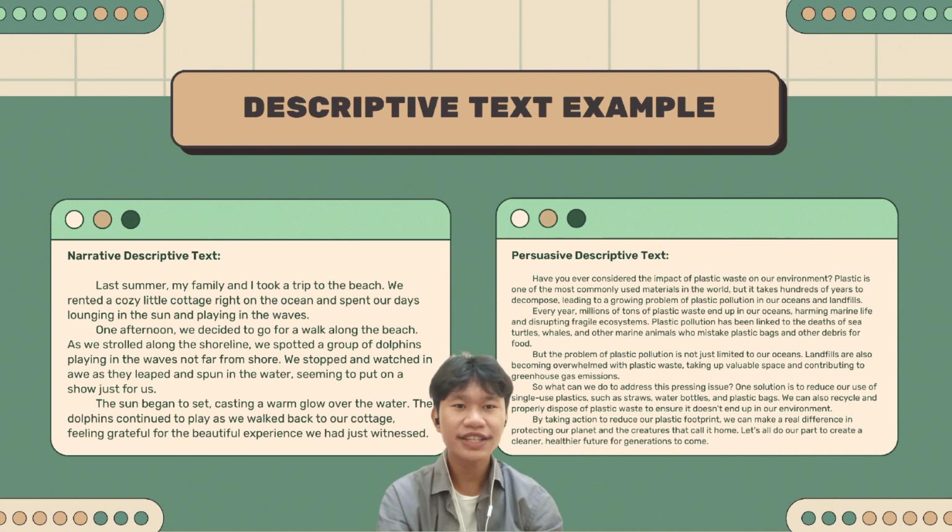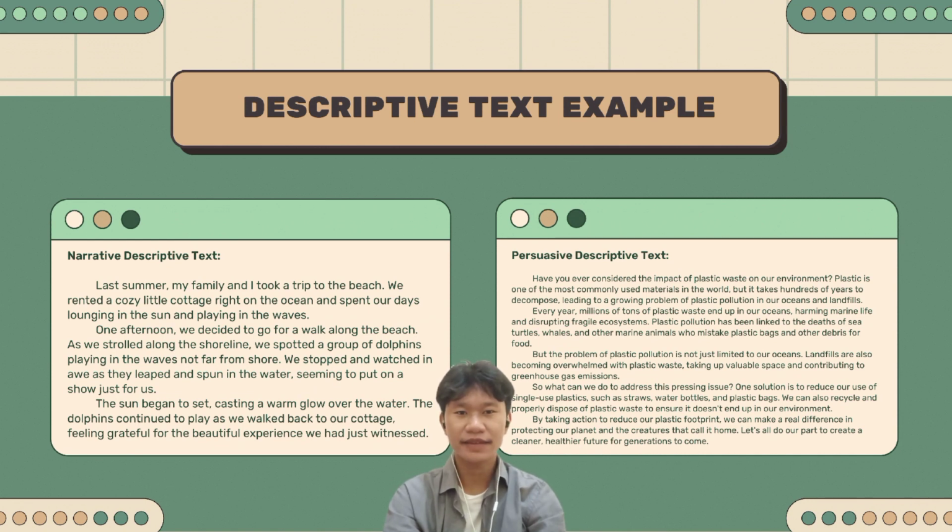By taking action to reduce our plastic footprint, we can make a real difference in protecting our planet and the creatures that call it home. Let's all do our part to create a cleaner, healthier future for generations to come.